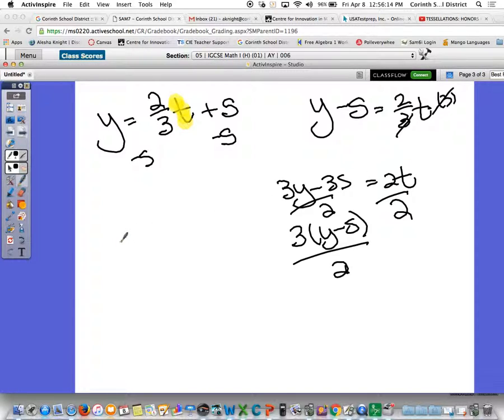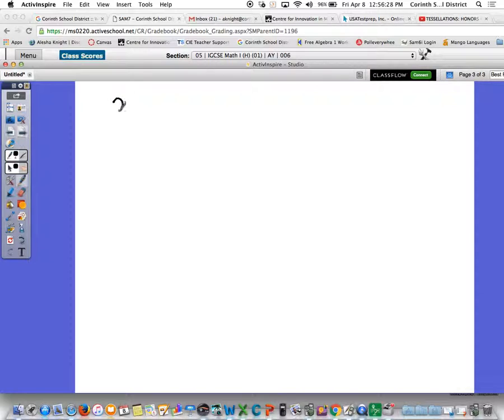Okay, and then the last example that I want to give you is, all right, make note of this one. So we got 3 parentheses x minus 5 equals y, and I want x to be the subject. All right.